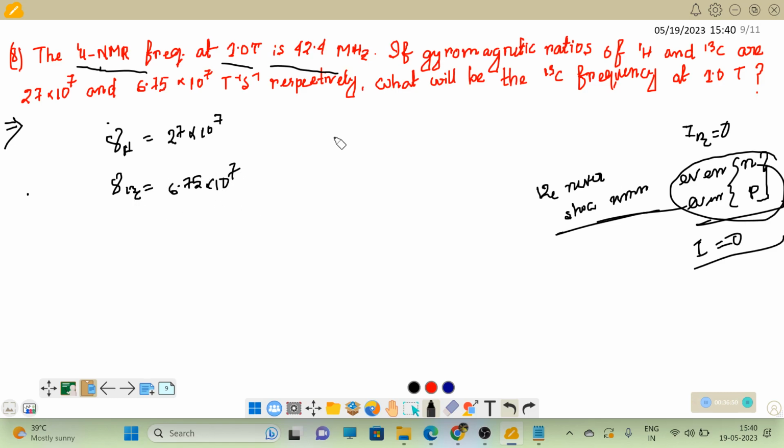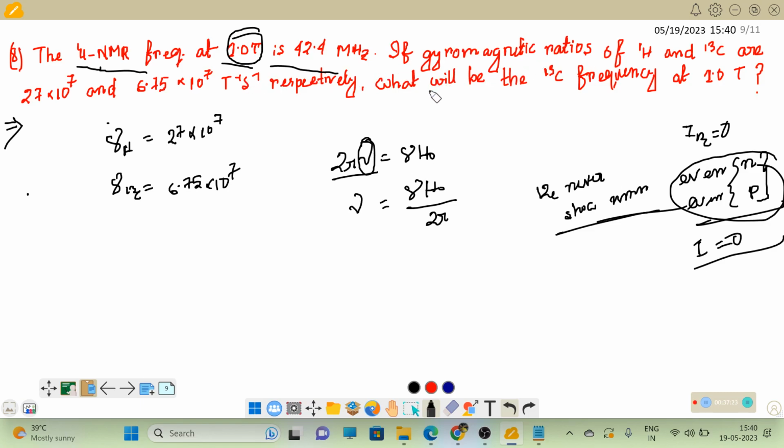There is a formula, that is 2 pi nu, where nu is the frequency, equal to gamma into H0. H0 is the applied magnetic field. This is the precession frequency. So the precession frequency equals gamma H0 by 2 pi. You can see here we are using 1 Tesla as the external magnetic field.